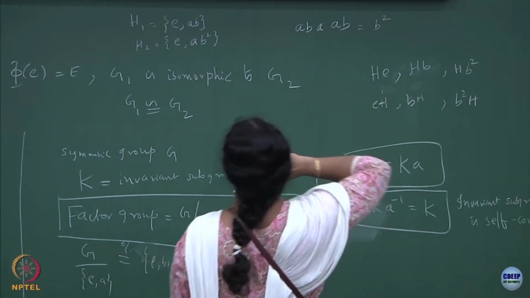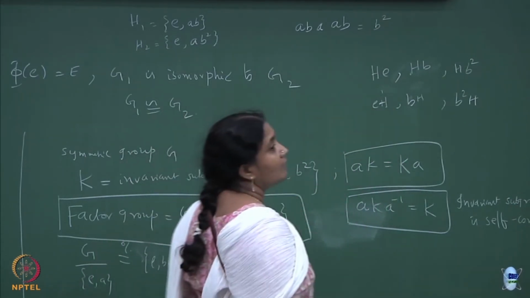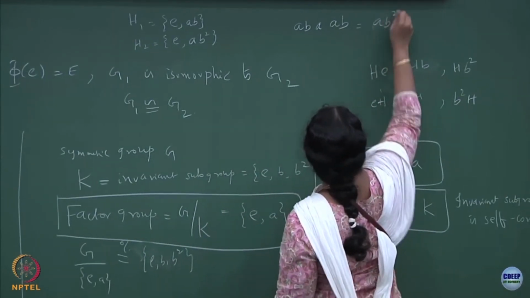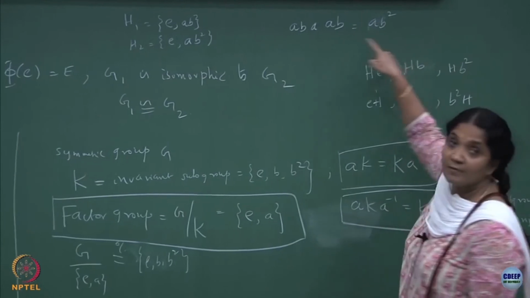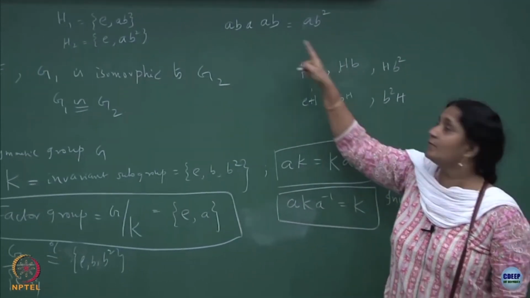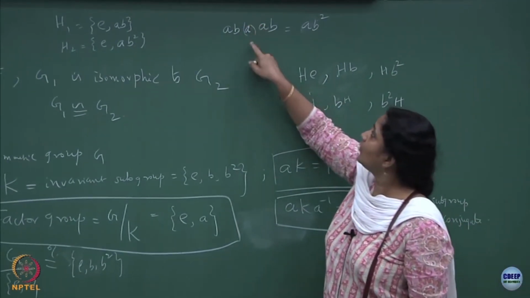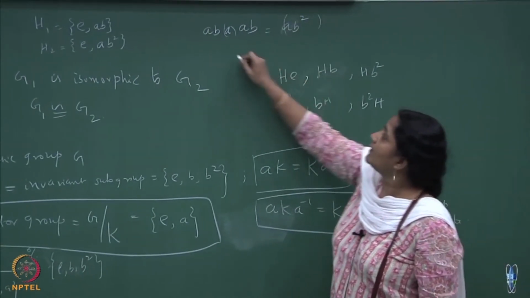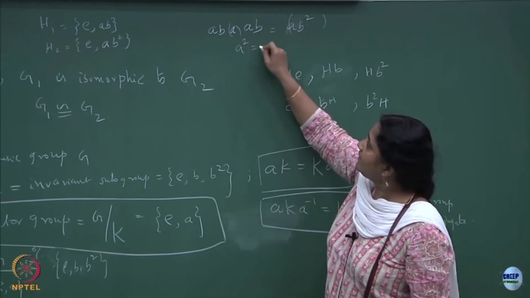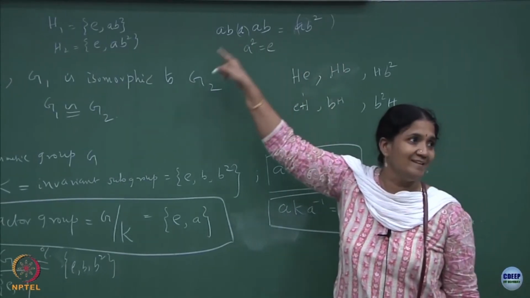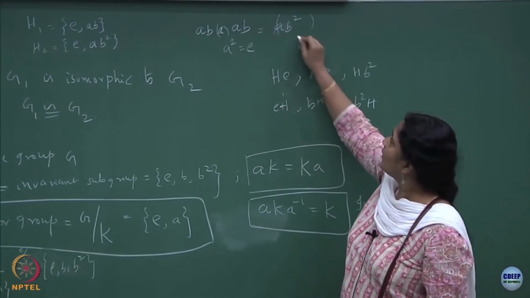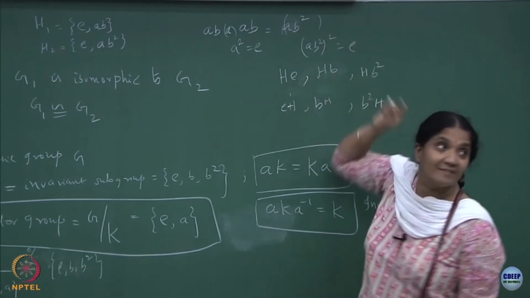Did I do something wrong? AB squared. So, this is what you will get. So, A is conjugate to AB squared. If A squared is identity, you can do it twice here, you can show that AB squared the whole squared is also identity.